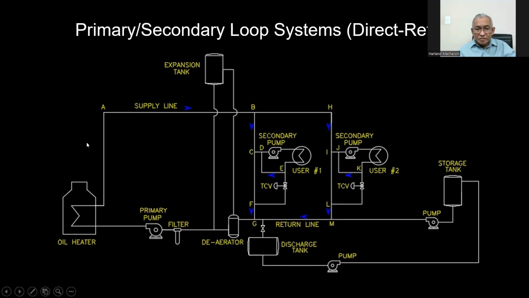So we will look closely here. We have the primary pump or the circulating pump, which forces the fluid through the oil heater to the supply line. And it is branched here to C for the first user and H for the second user, user number 2.